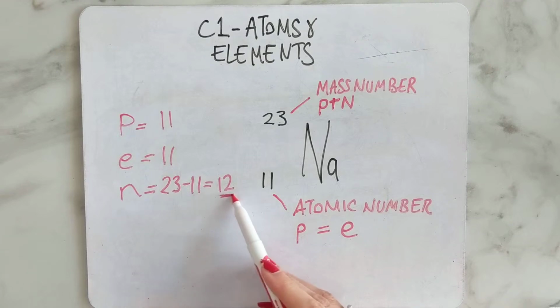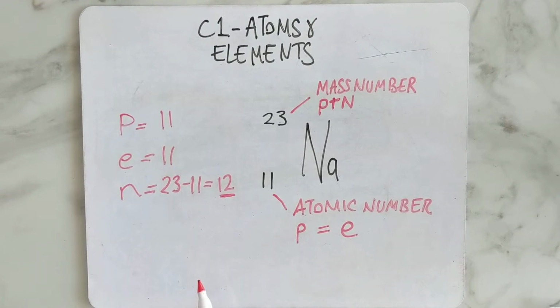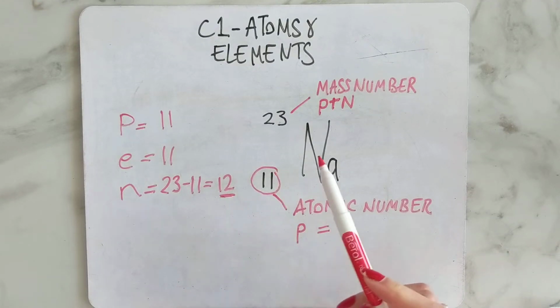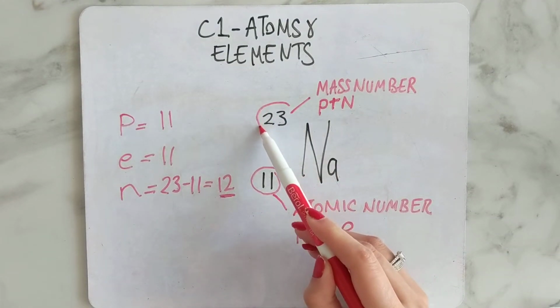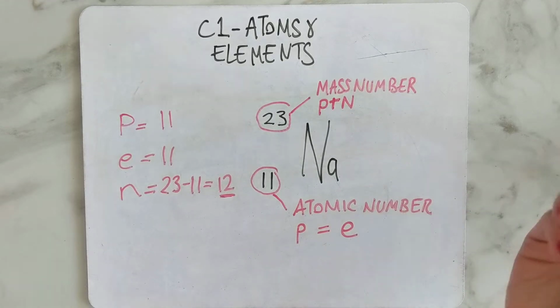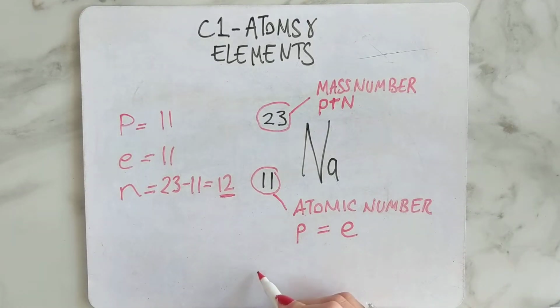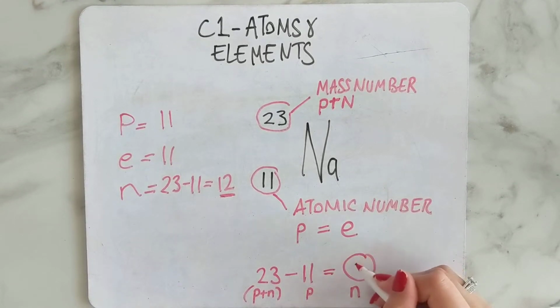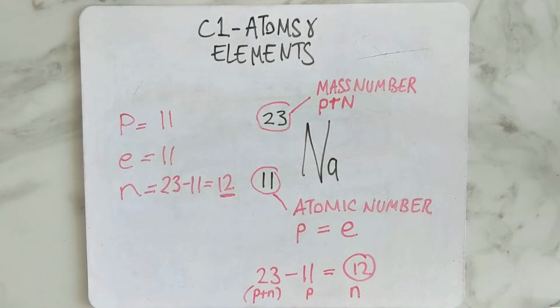So that's my number of neutrons, 12. Because if I know I've got 11 protons and protons plus neutrons equals 23, effectively it's 23 minus 11. So 23 is protons plus neutrons, minus 11, which is the protons, will give me just the neutrons, which is 12 in this case.